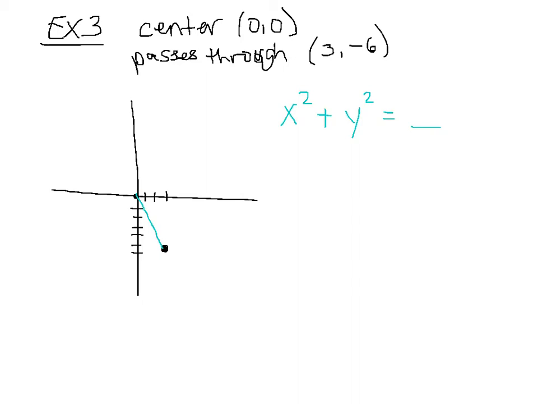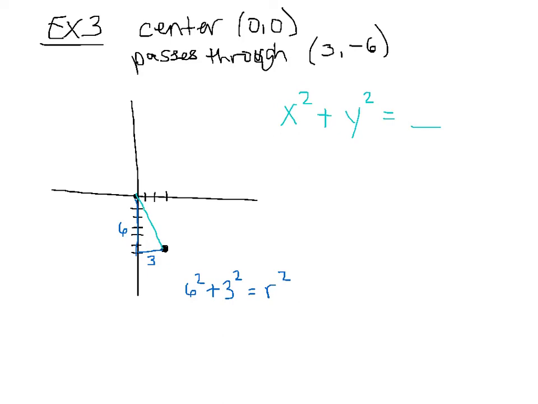So if we look at this one, Pythagorean theorem wise, you're going to look at your a value and your b value. So here this vertical distance is 6 units. This horizontal distance is 3 units. We want to find my diagonal, so the Pythagorean theorem tells me that 6² + 3² is equal to that diagonal, my c, but in this case it's really my radius, so it equals my radius squared.